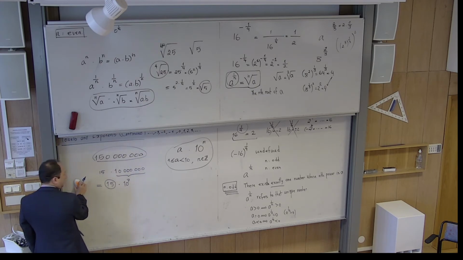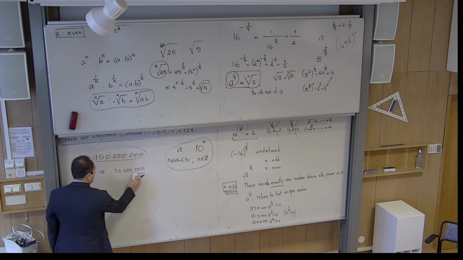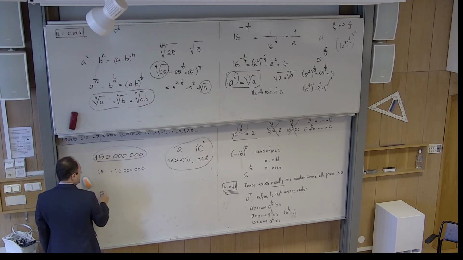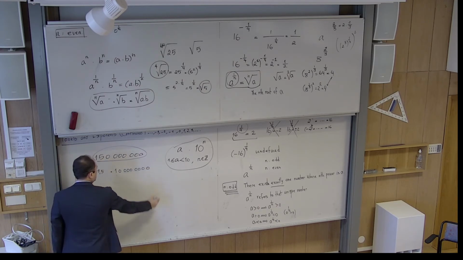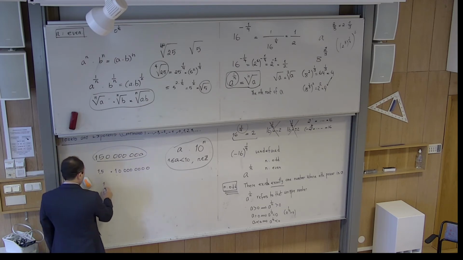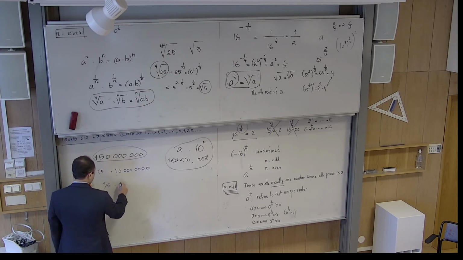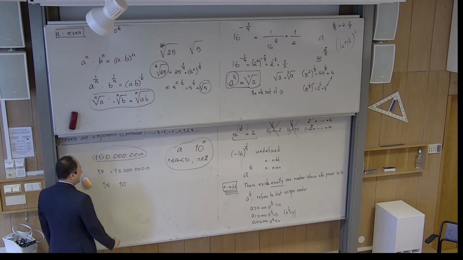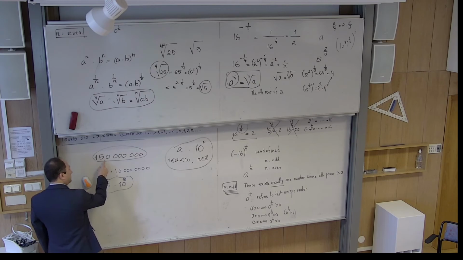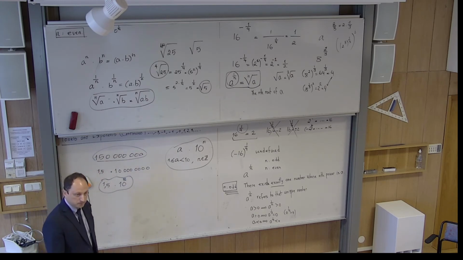I will take this away, and I write 1.5, but I multiply it by 1 more zero. Then this becomes 1.5 multiplied by 10 to which power? 8 this time. So this is not only equal to this number, but it is also written in appropriate scientific notation.